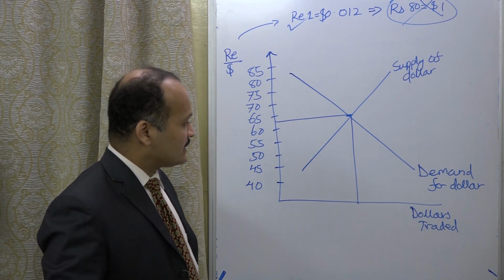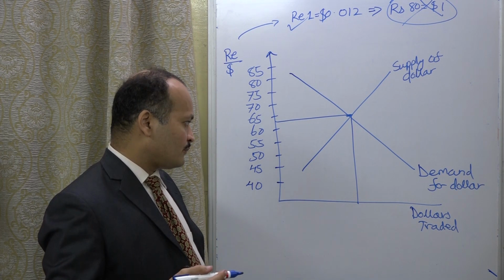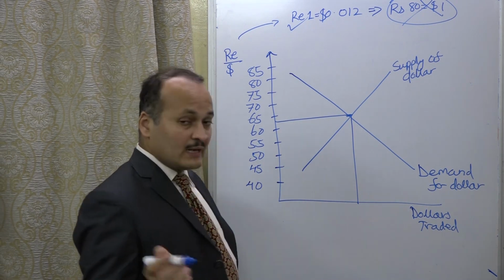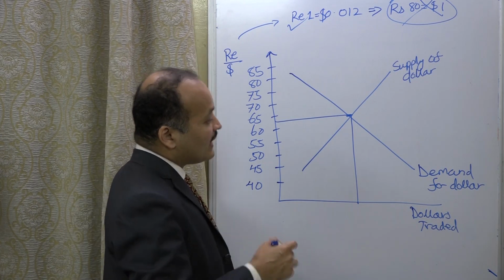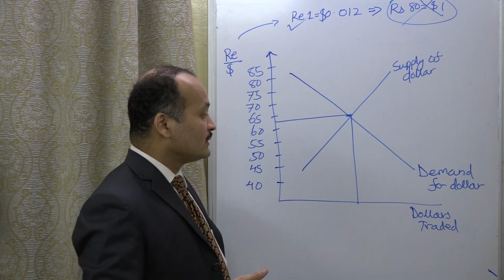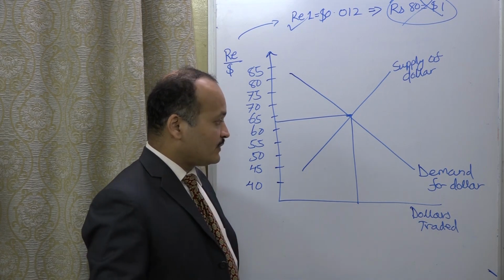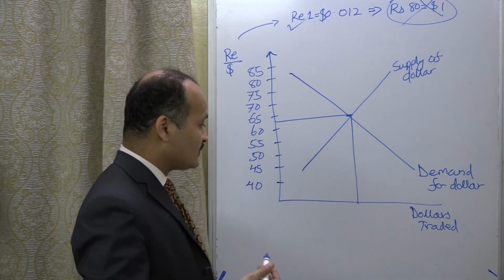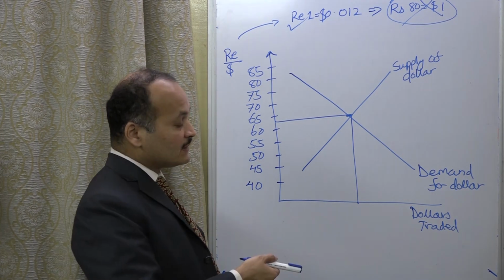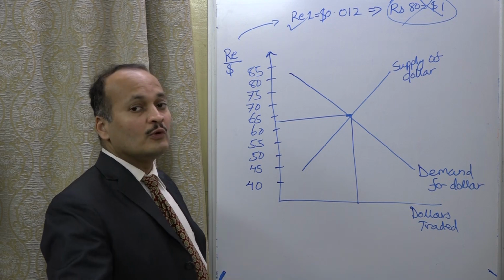Let us see how the speculators play their role, so that we can appreciate why the RBI is intervening and to what extent that intervention will be effective in preventing the depreciation of the rupee in the face of speculators trying to take the rupee to a new lower level.